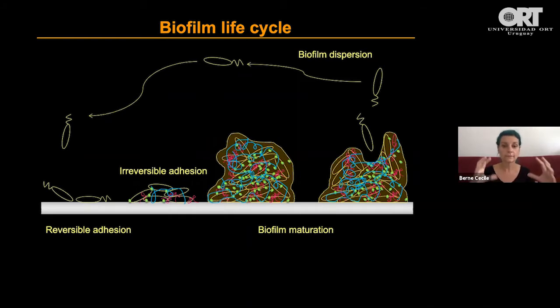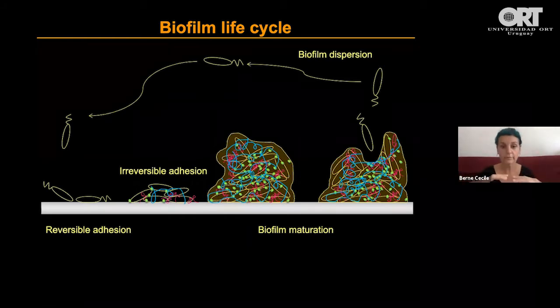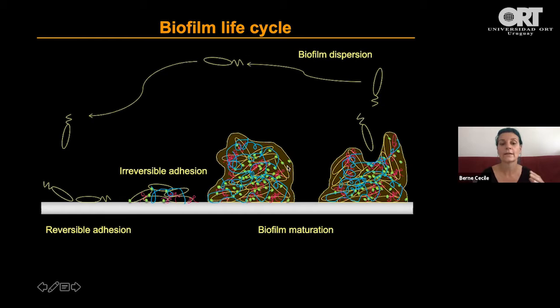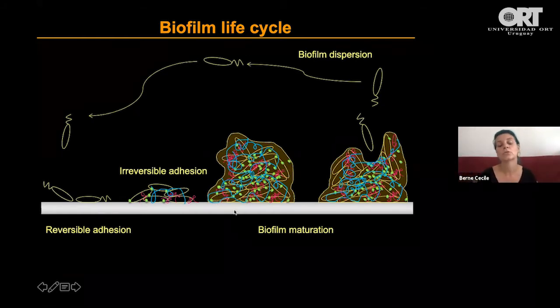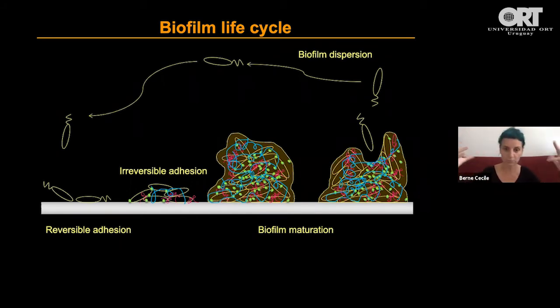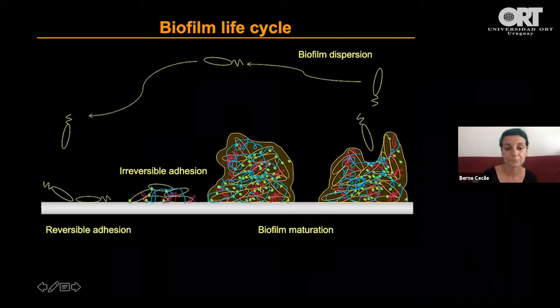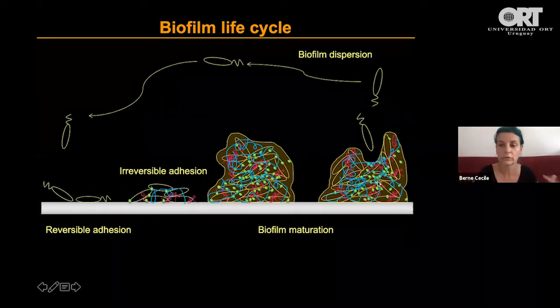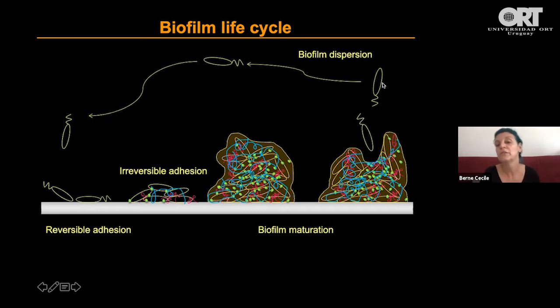And this will form a matrix that will keep the cells stuck on the surface. The cells will divide, keep growing, the matrix will grow, and you've got this big mesh of bacteria and extracellular polysaccharides being formed. At some point, when the biofilm is too big, or if there is some condition that necessitates it, some bacteria can leave the biofilm, disperse, and they can find a new surface to colonize, and the cycle will start again.